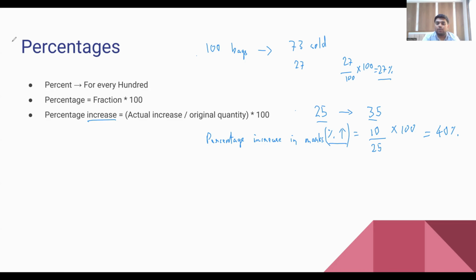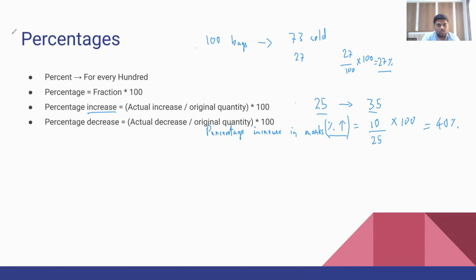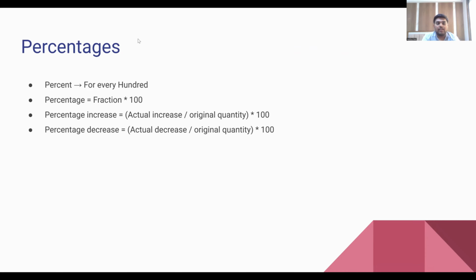And since we have talked about increment, we will talk about decrement as well. So percentage decrease is nothing but actual decrease divided by original quantity into 100. So instead of scoring 35 marks, I scored 20 marks. So the percentage decrease in marks is equal to what is the reduction?